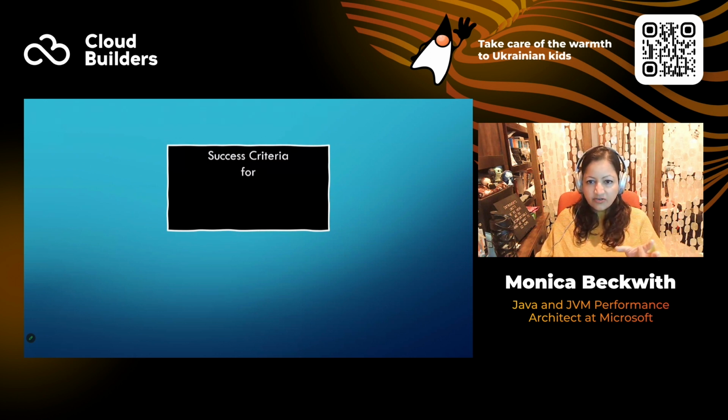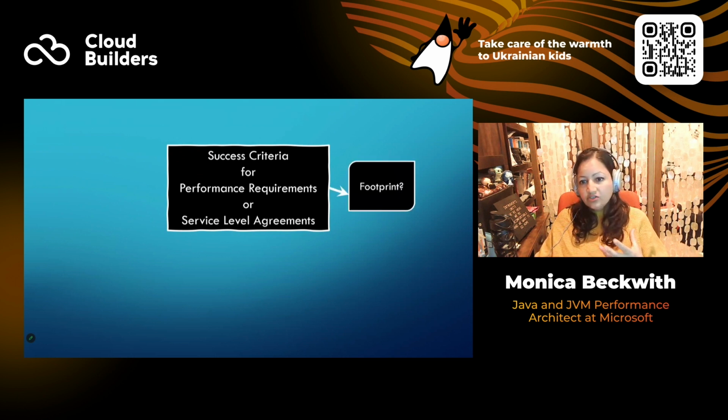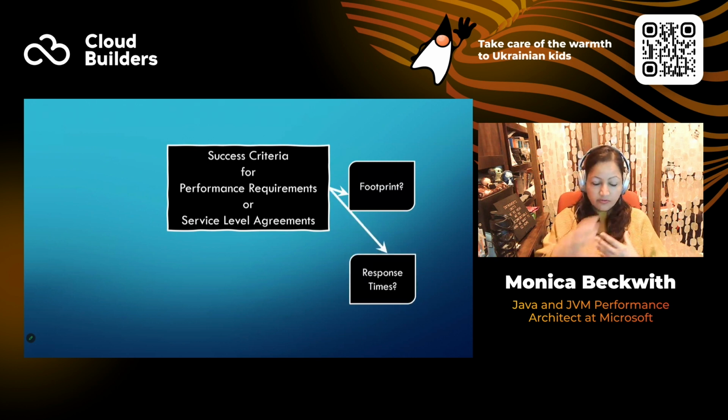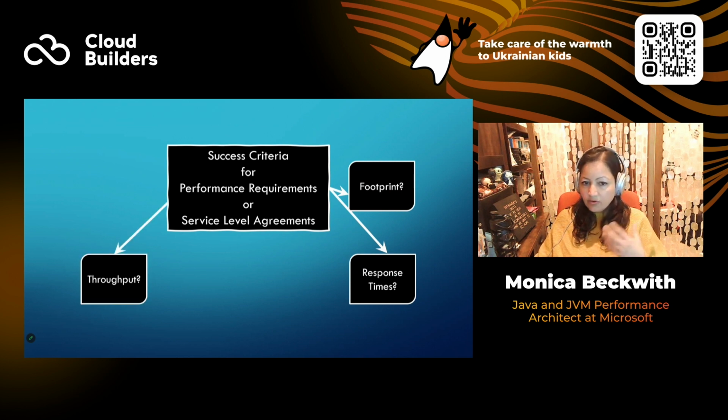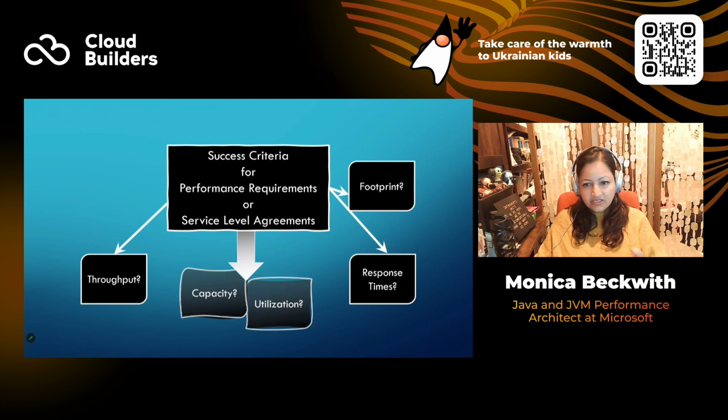Our success criteria for performance requirements or service level agreements can be defined in terms of either the footprint of the system or the footprint of the subsystem, maybe that's the one that we want to improve, or response time or throughput. And then it could be capacity, utilization, and of course availability.